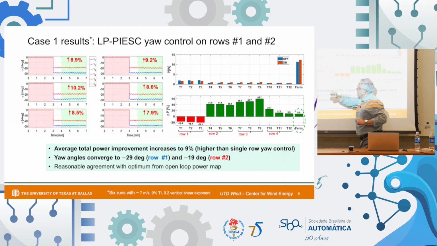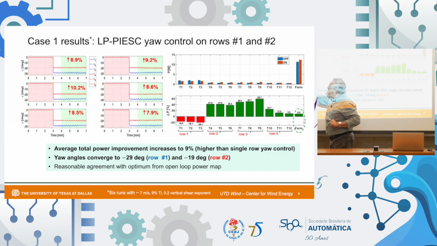So let's look at this one. In the experiments, we run for 3 minutes in the wind tunnel without any control, and then at minute 3, approximately, we turn on the extremum seeking. That basically moves the yaw angle to the angles that you see here, -20 and -20 and -30, -20 and -30.